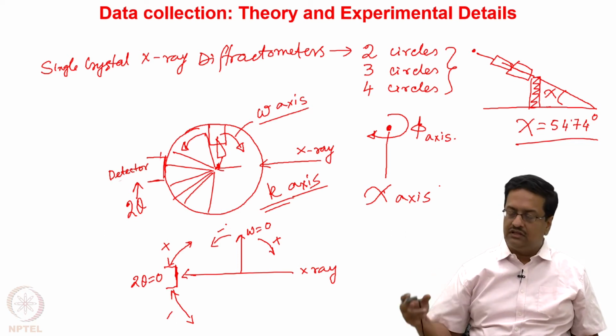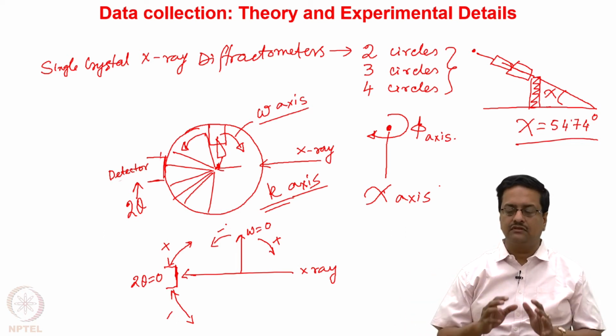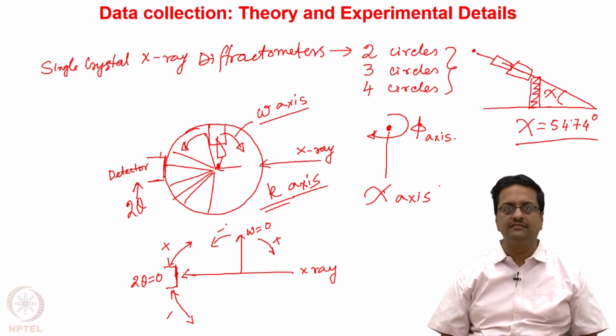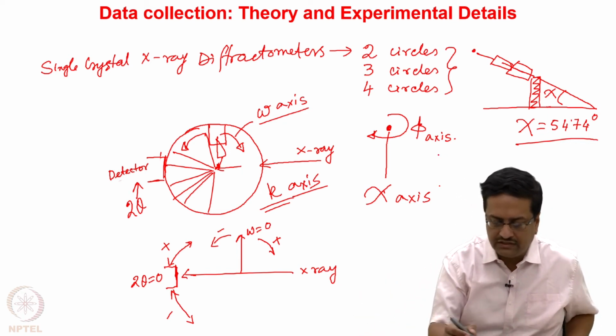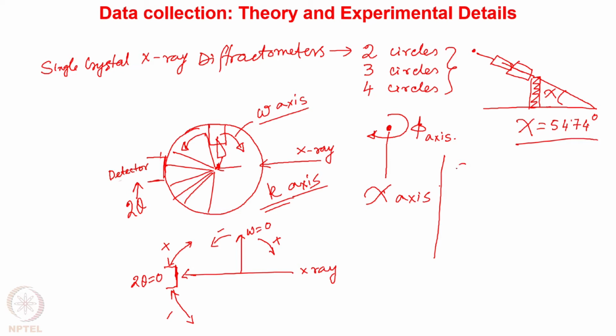Now in this particular setup, there are three different possibilities. A diffractometer in which you can rotate both phi and omega, but chi and 2 theta are fixed, is called a two-circle diffractometer.